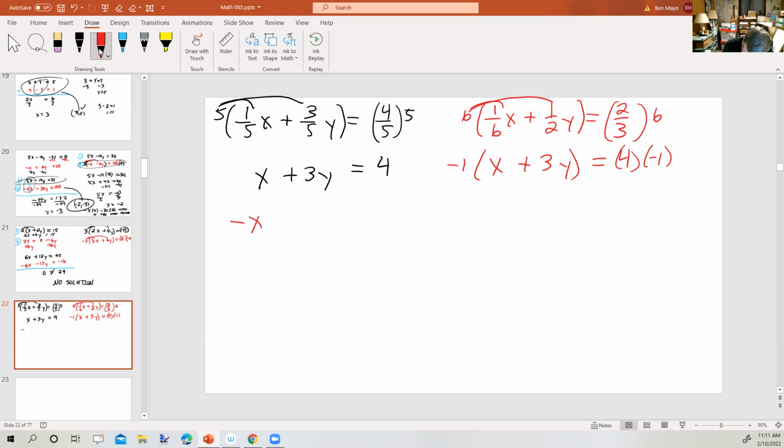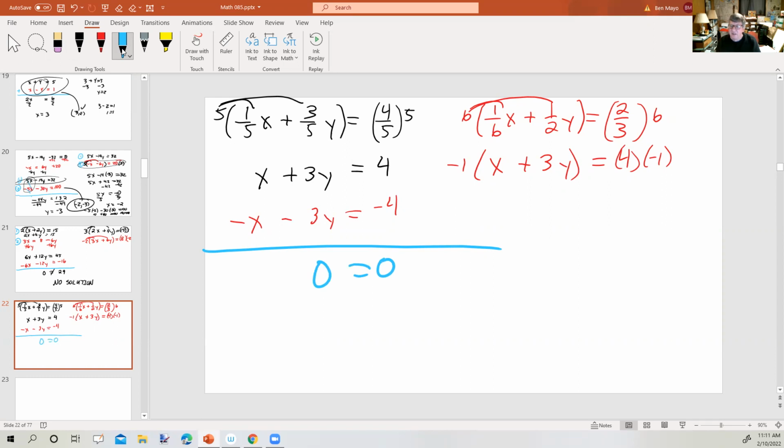So then I've got -x minus 3y equals -4. Now when I go to add them up, what do I get? Oh, I get 0 equals 0. Is that a true statement? Yes. So there are infinitely many solutions.